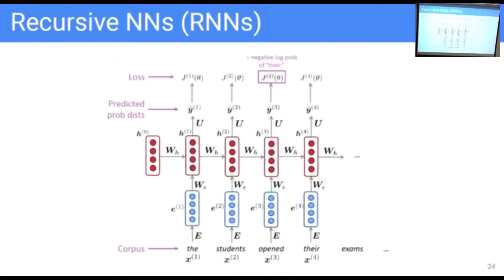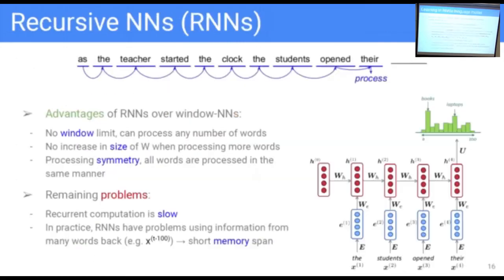So if we go to the previous diagram, oh man, that's quite far away. If the real word was books, we are having 1 divided by this number. If the real word that the neural network finds in the corpus is cat, we are going to have 1 divided by this tiny number, and that's going to become very large.